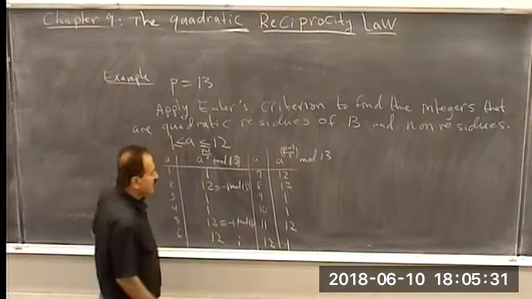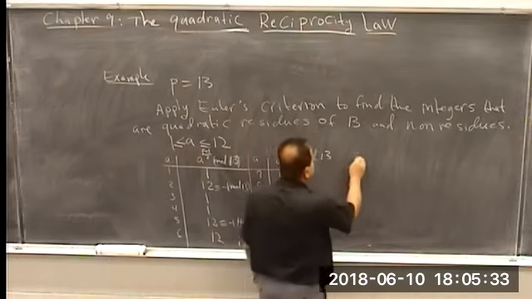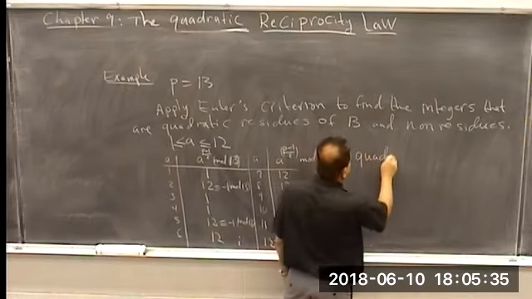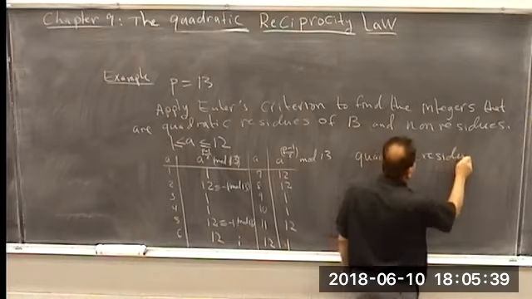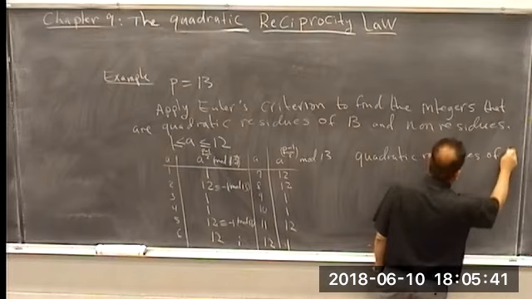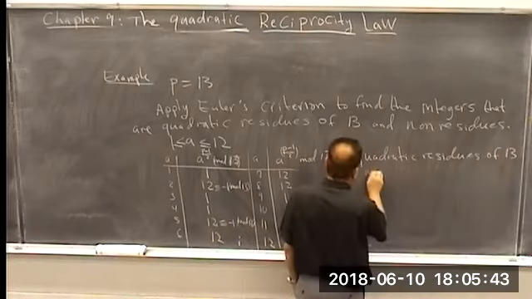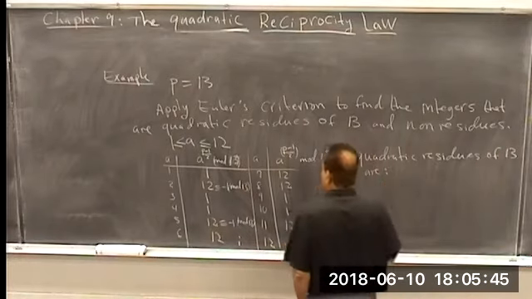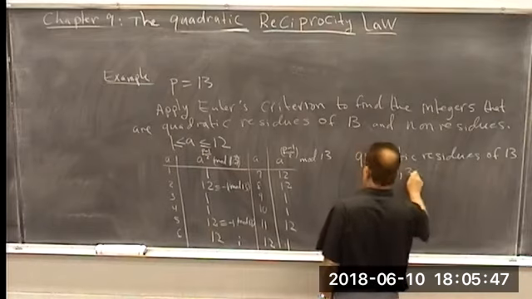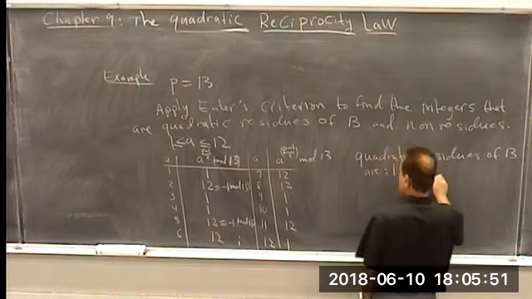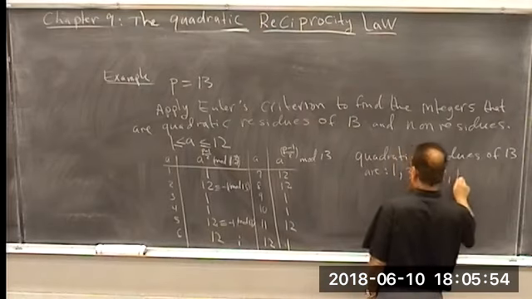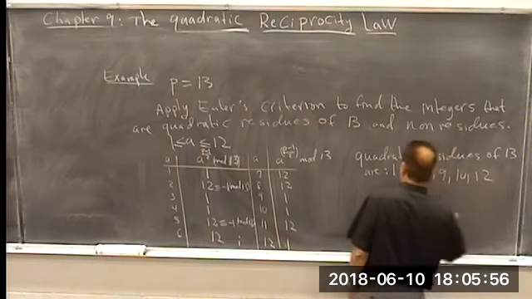All right, so the quadratic residues of 13 are 1, 3, 4, 9, 10, and 12.